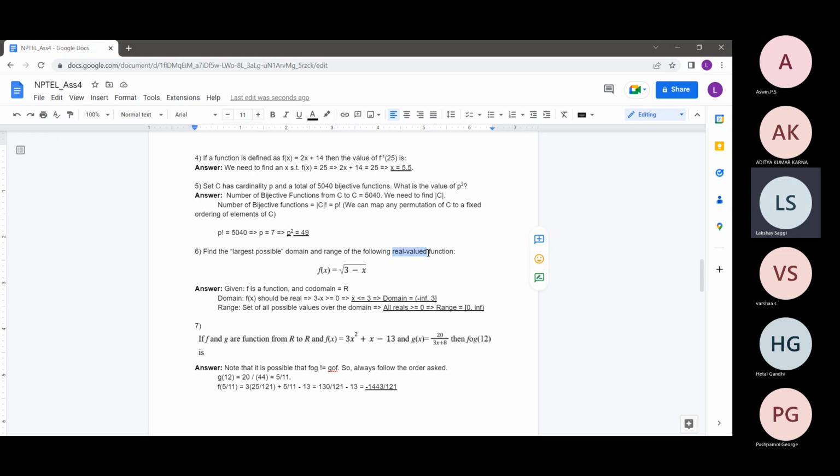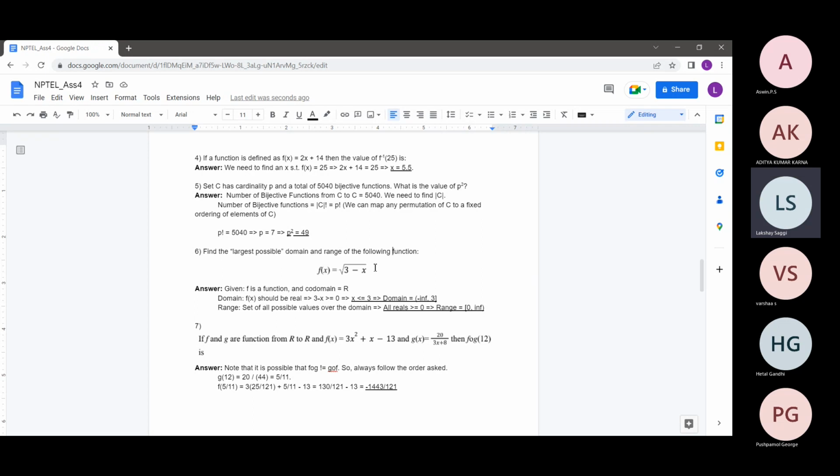So for this question, even if we remove the real valued part, everything would have remained the same, because by definition this root function takes only positive values as input and outputs real values only. You can search online also.